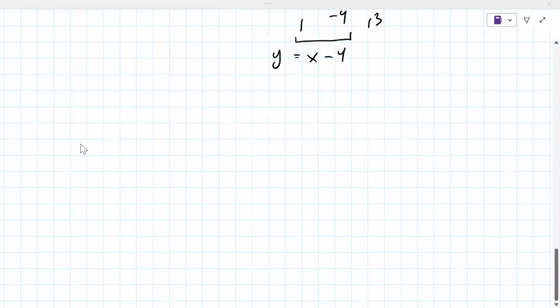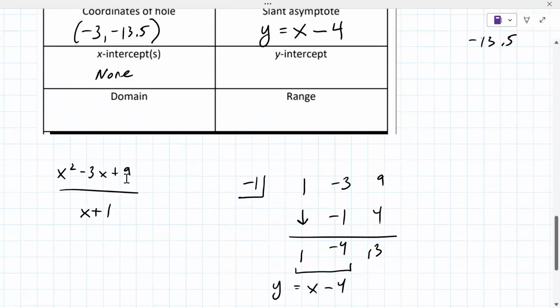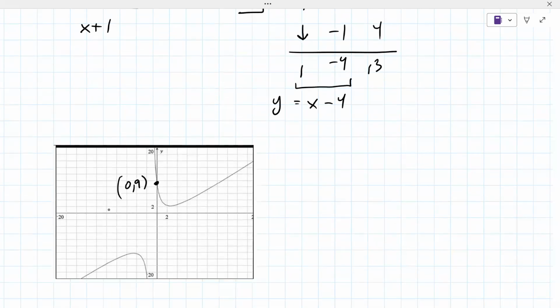But these almost always have a y-intercept. Y-intercept is putting 0 in for x. You can actually see that from the graph right there. 0, 9. And then -3, -13.5.